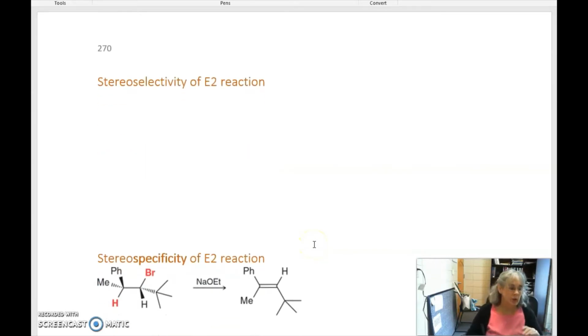Okay, so we talked about regioselectivity. We also have stereoselectivity with our E2 reactions.